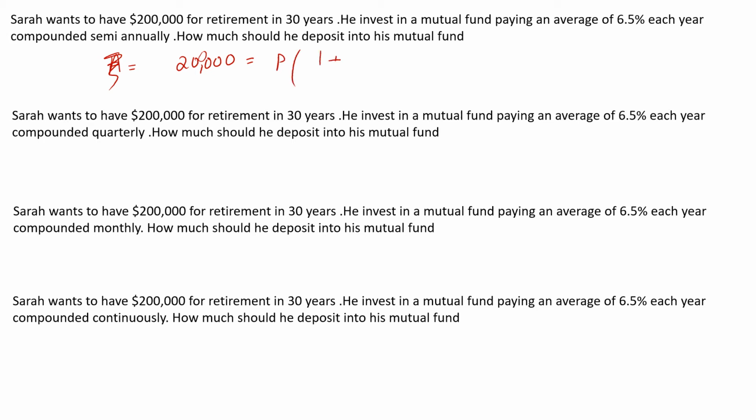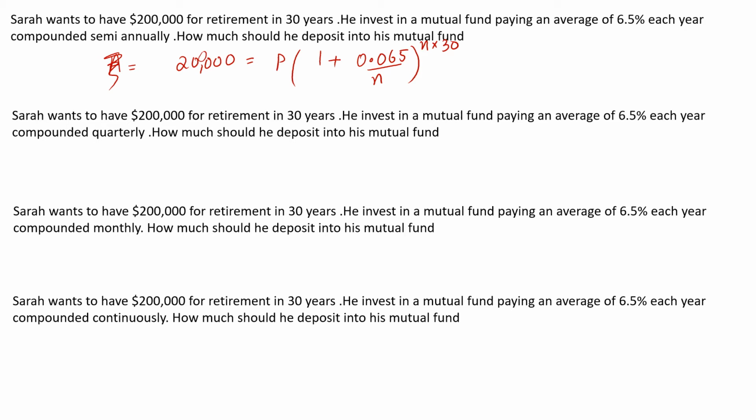Then we wrote 1 plus our rate of interest, which was 0.065, and the n was 1 when we had annually. And here we have n times 30, right? This was the question which we were solving. There it was written annually, so in place of n you wrote 1.